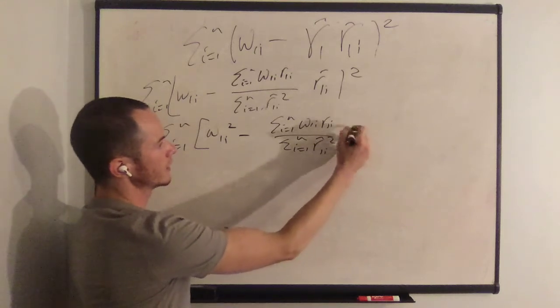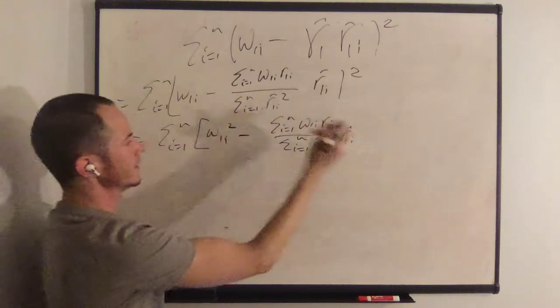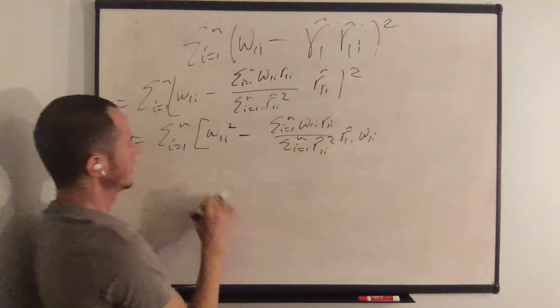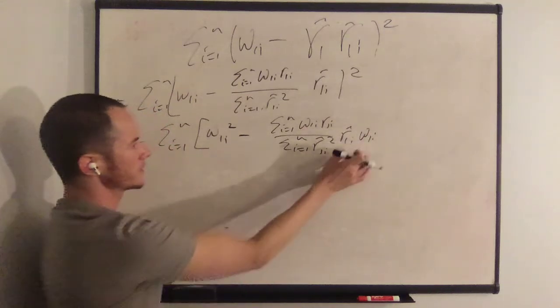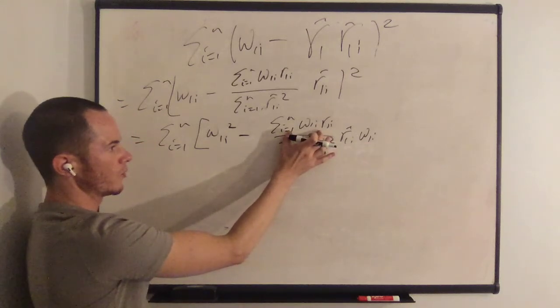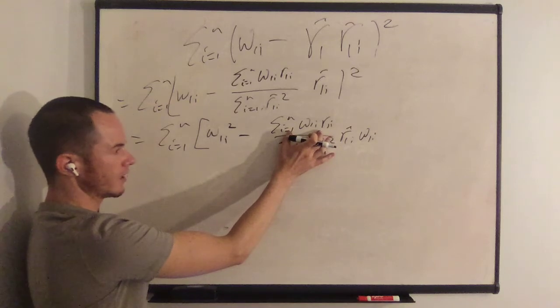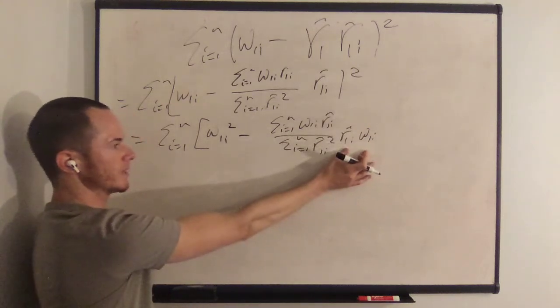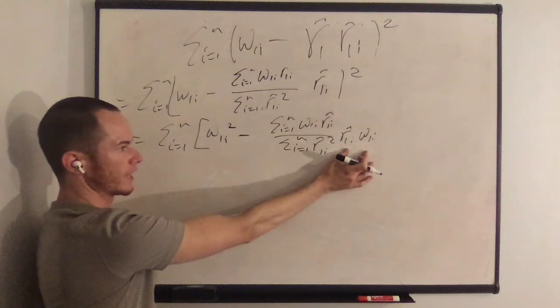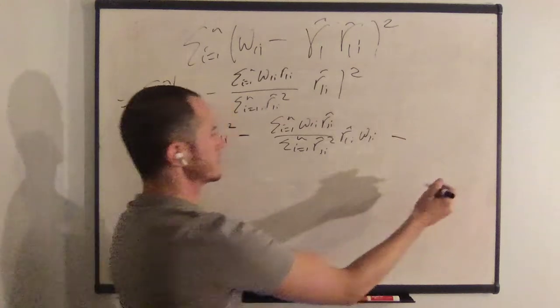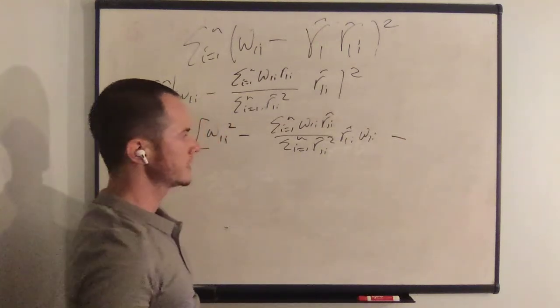Then you have r1i hat multiplied by this, that's w1i, and we're summing over this term. So notice that you have the sum of r1i hat w1i, and that's going to be squared. Minus the exact same term.